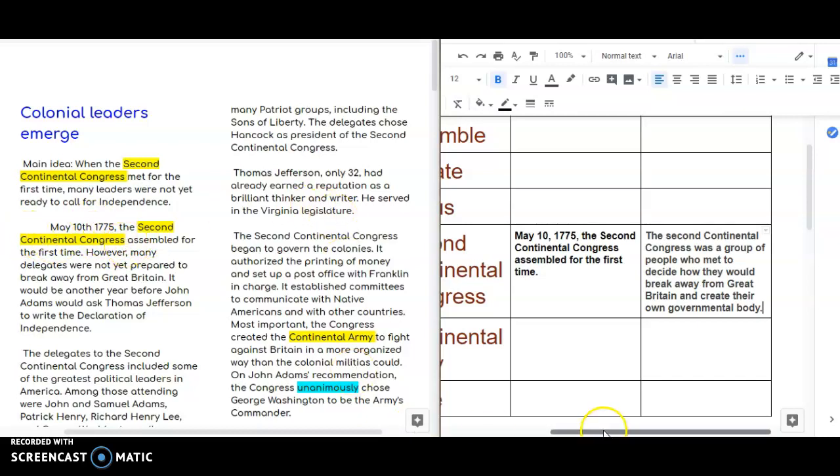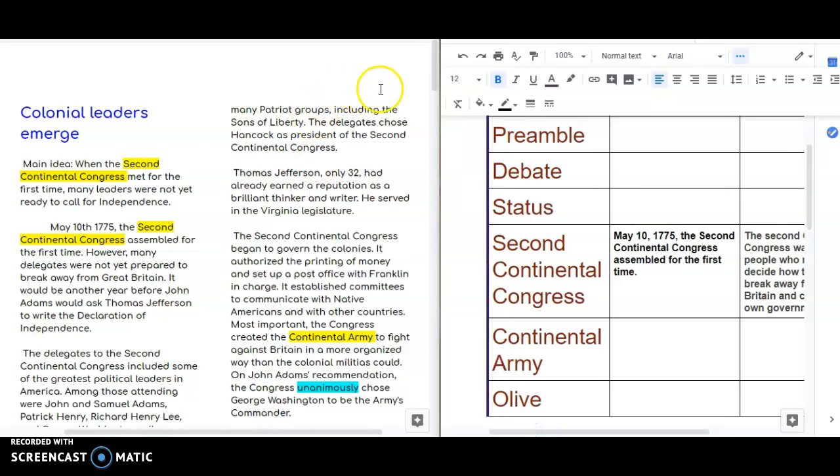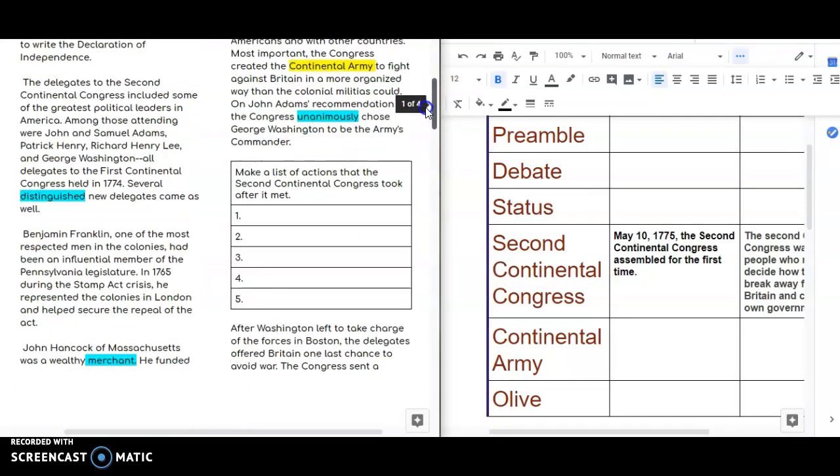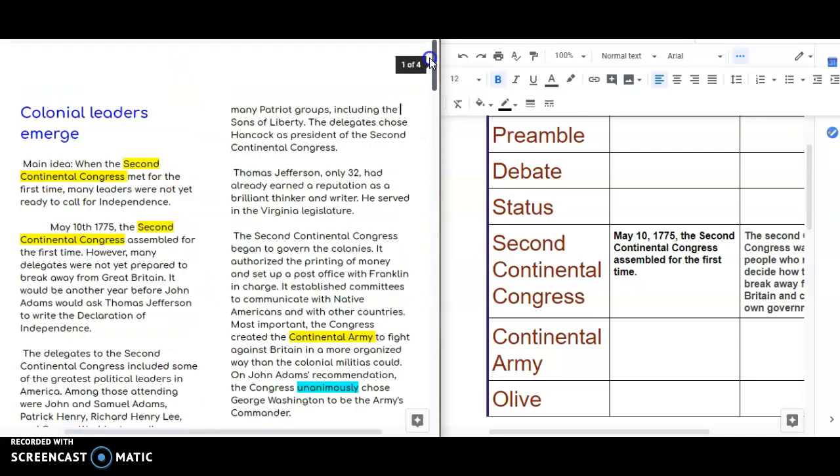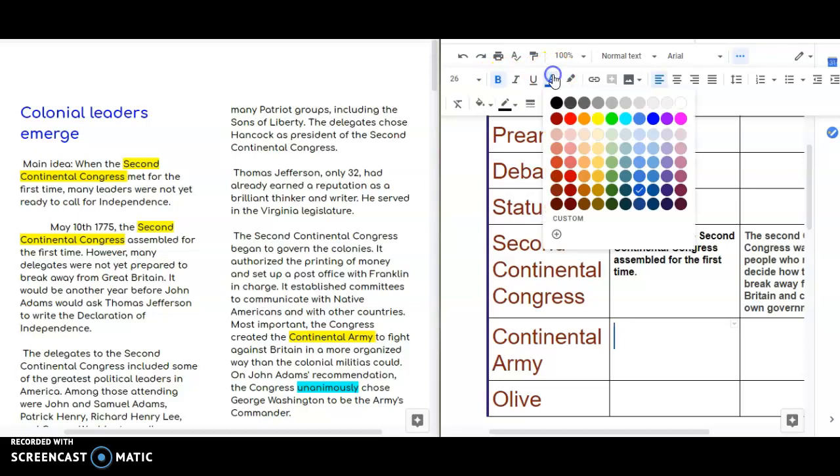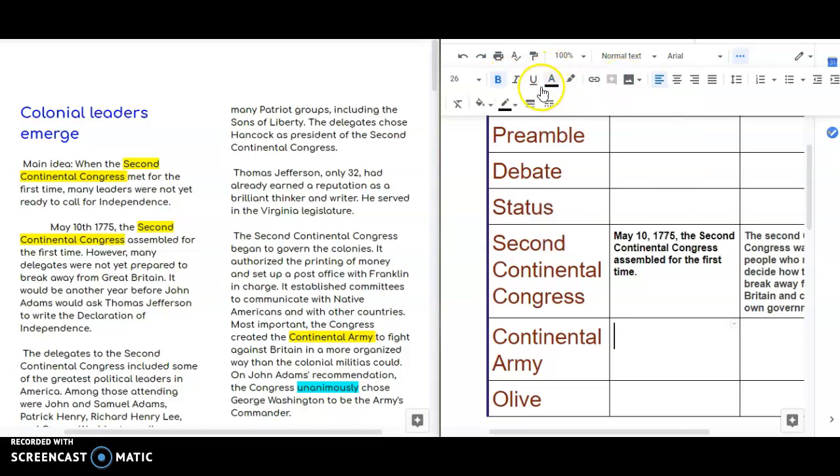So if I go down, the next word that I will come across is Continental Army. So I'm going to work on the word Continental Army.